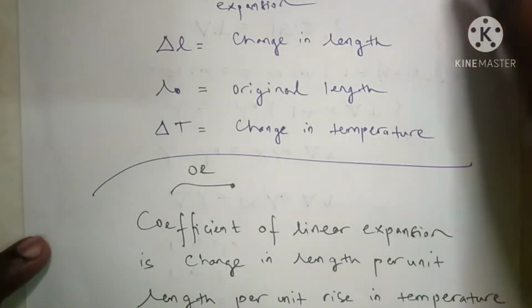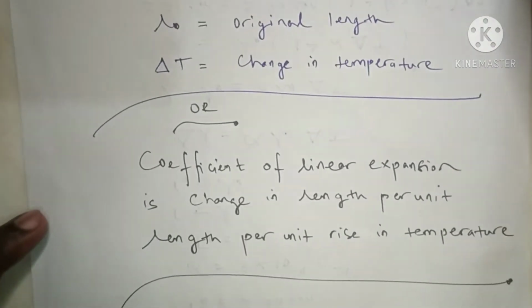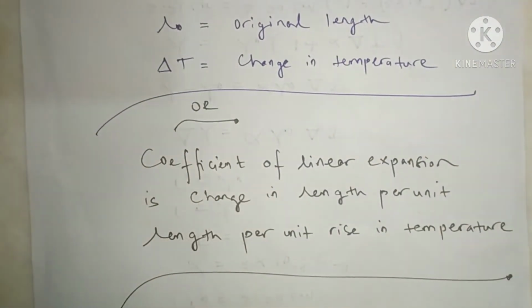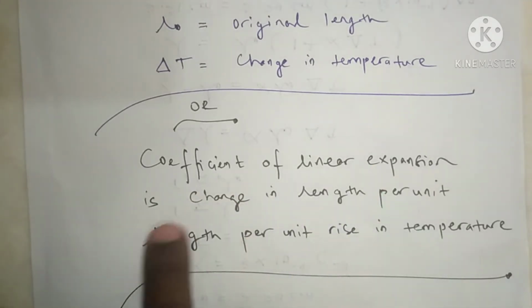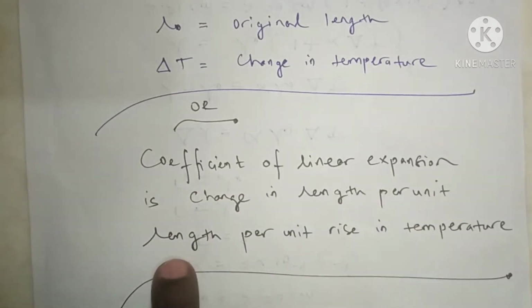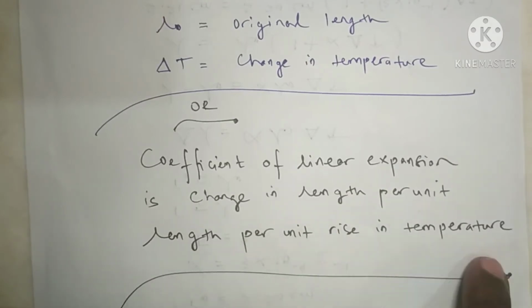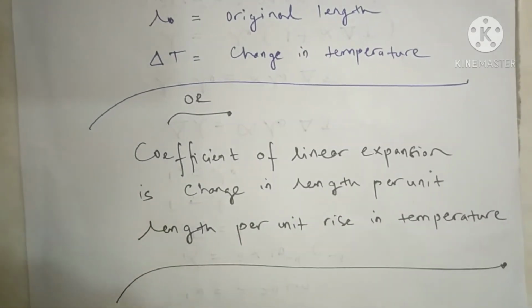Or you can define it this way: coefficient of linear expansion is change in length per unit rise in temperature. Simple like a bubble without giving you any trouble.